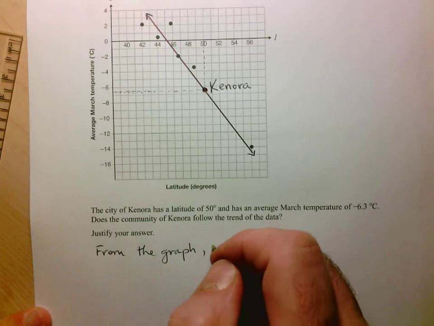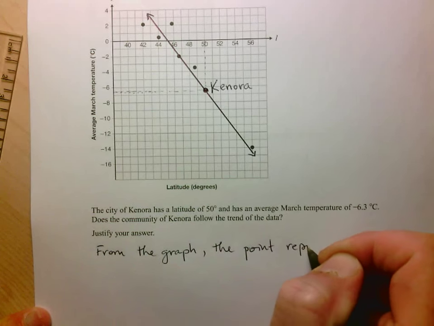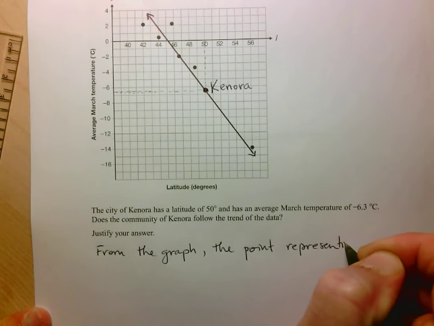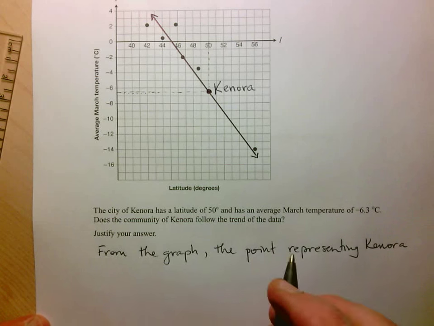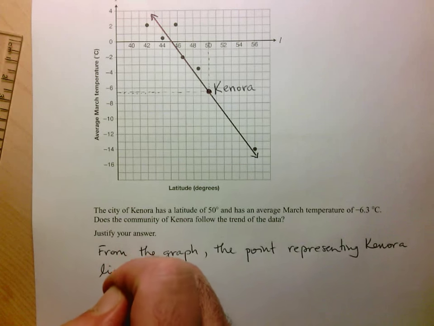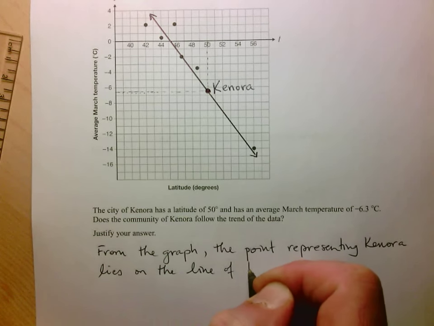you can say from the graph, we see that the point representing Kenora lies on the line of best fit.